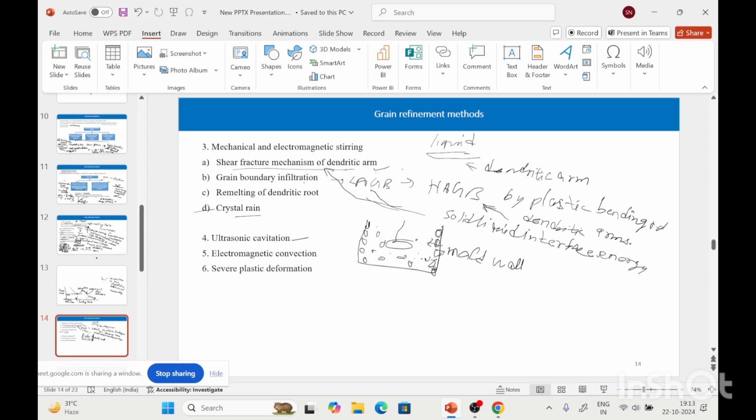Next is the ultrasonic cavitation. In the ultrasonic cavitation, the melt is subjected to ultrasonic sound, and that ultrasonic sound leads to porosity, meaning pores, agglomeration and burst that form a cavity type, and as the cavity of these agglomerated pores bursts, that leads to a localized high pressure.